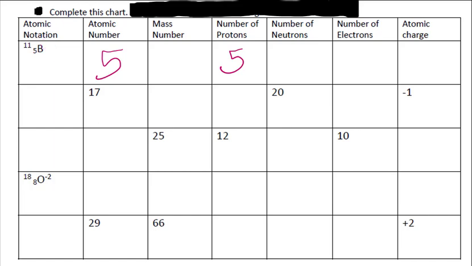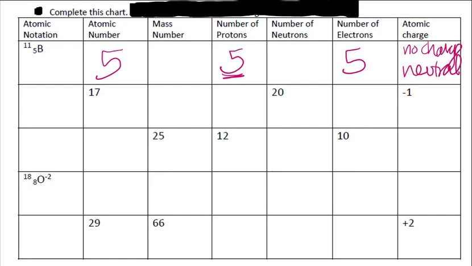So it's neutral. And if it's neutral, that means it has 5 positives and 5 negatives. All right, and that also means that my charge is neutral. So you can say 0, or you could say that it is no charge, or you could just say neutral.